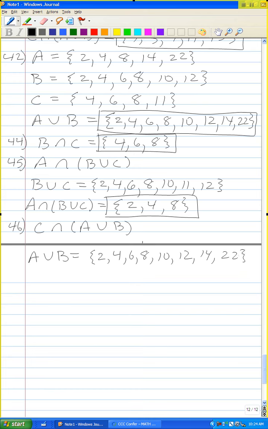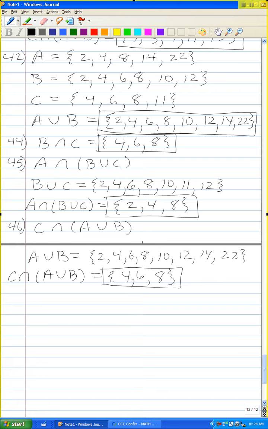And now let me do the intersection. So C intersect A union B. So let's determine the overlap. So 4 is in both sets, so is 6. So is 8. Oh, and that's it. 11 is not. So 4, 6, 8.